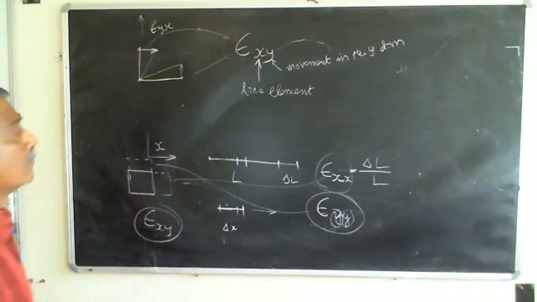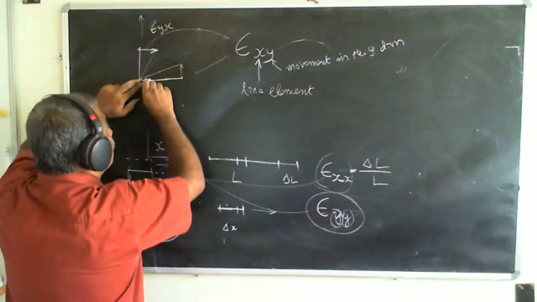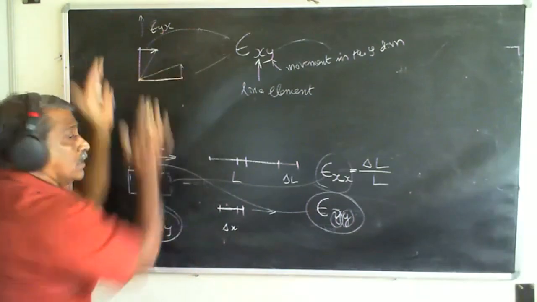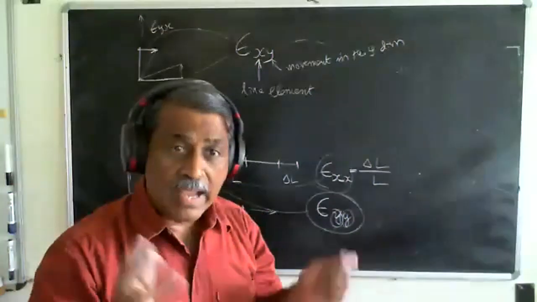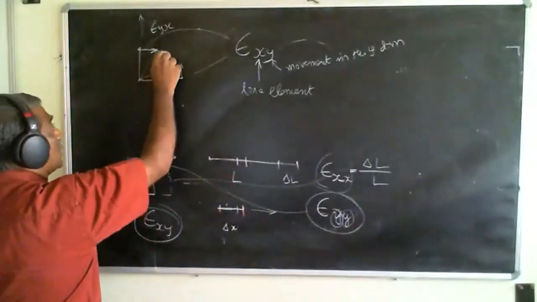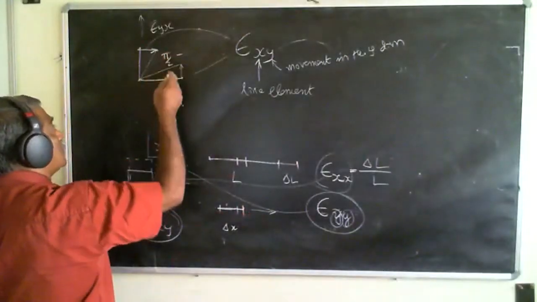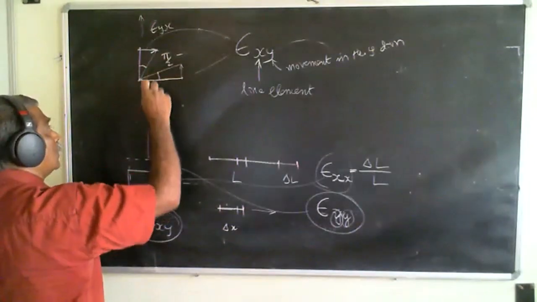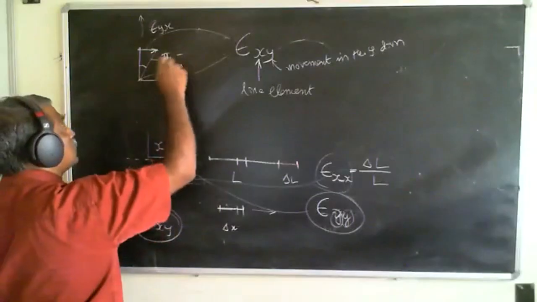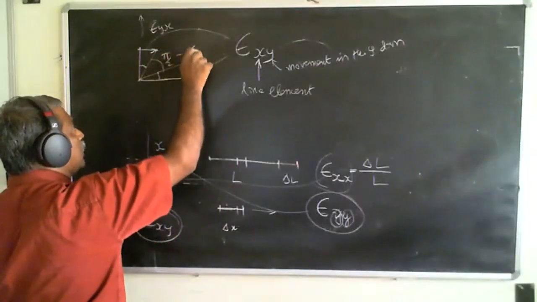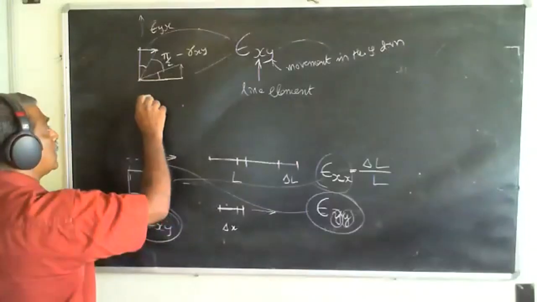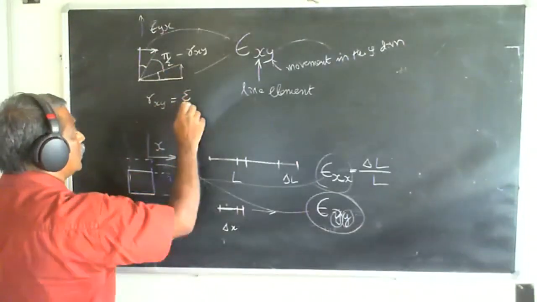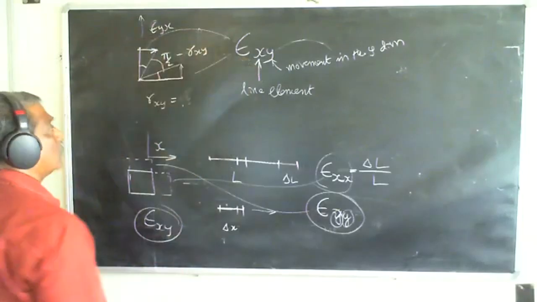So I have now taken the elongation in this direction, elongation in this direction, also the change in the angle between them. Initially it was pi by 2. Now it has shifted. This is one angle, this is another angle, right? The total angle that has changed I'm going to call gamma xy. As you can see here, gamma xy is nothing but the addition of these two. So I'm not going to call it epsilon xy and epsilon yx here.